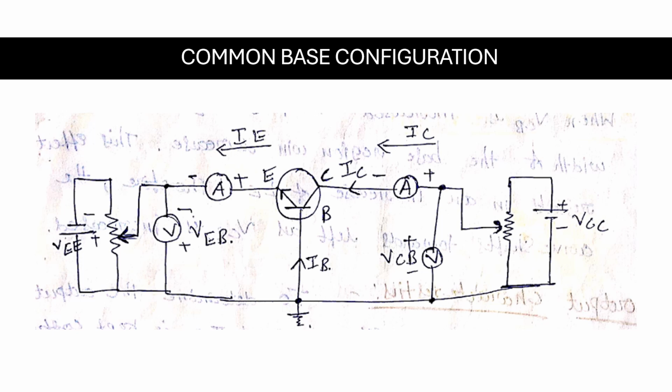Here we should remember the input junction is forward biased and the output junction is reverse biased. When the input junction is forward biased, the transistor is nothing but a back-to-back connection of two diodes. Here the N-type and P-type form a PN junction diode in forward bias. Forward bias means by applying VEE greater than the cut-in voltage, there is a flow of charge carriers and a conduction of current.